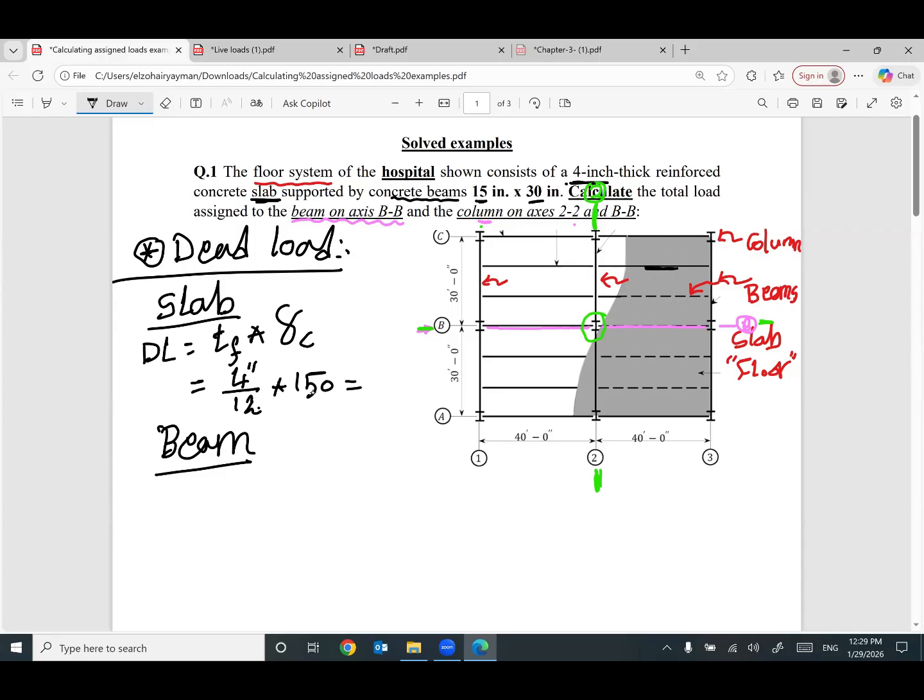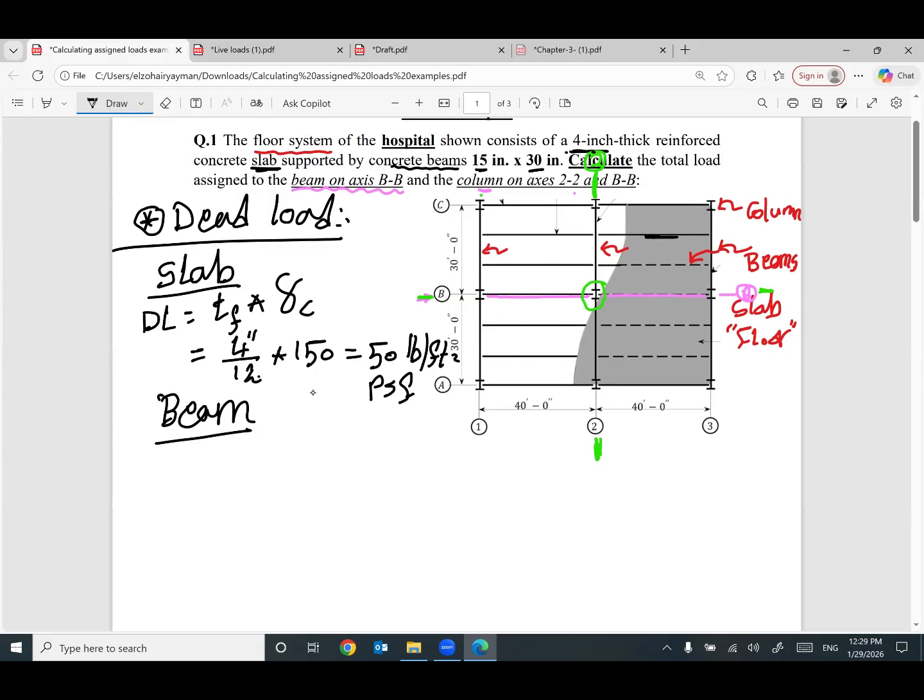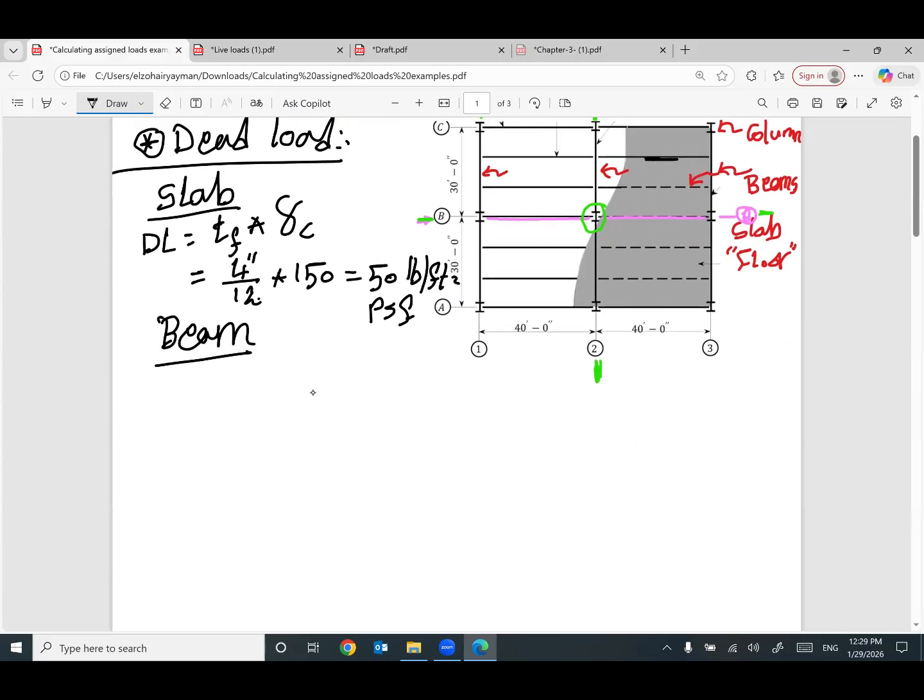Yes, 50 pound per square feet, or PSF. This is the value of the dead load on the slab in general. On this floor system, the weight value for the slab is 50 pound per square feet. For the beam, the dead load of the beam equals B times T times gamma concrete.